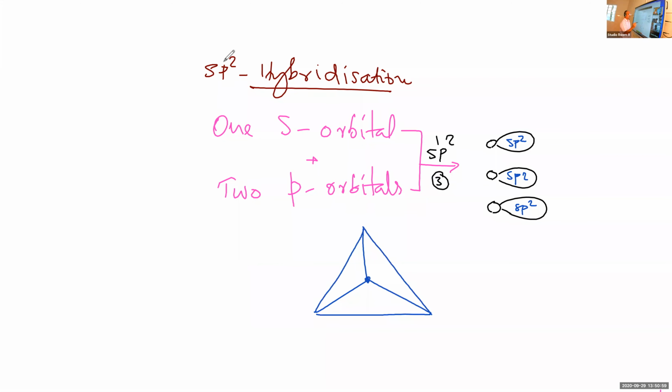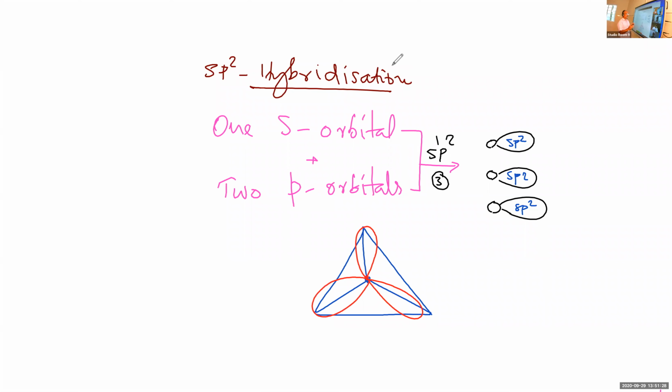One sp2 hybrid is directed to this corner of the triangle. The small tail is not shown here; I neglect it, and only the larger lobe is shown. Then the second sp2 is directed towards the other corner, and here there is the third sp2.